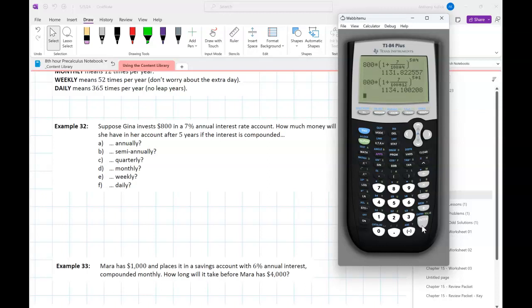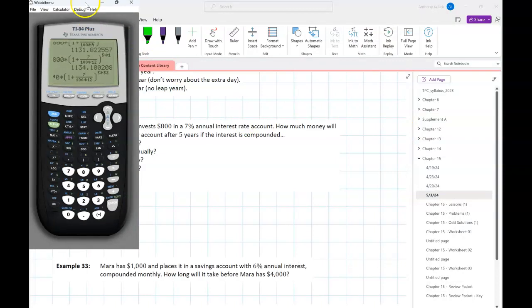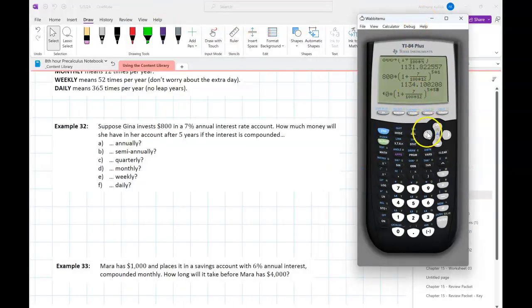Now weekly is 52. Just some 80 cents or something. Yeah, just about.